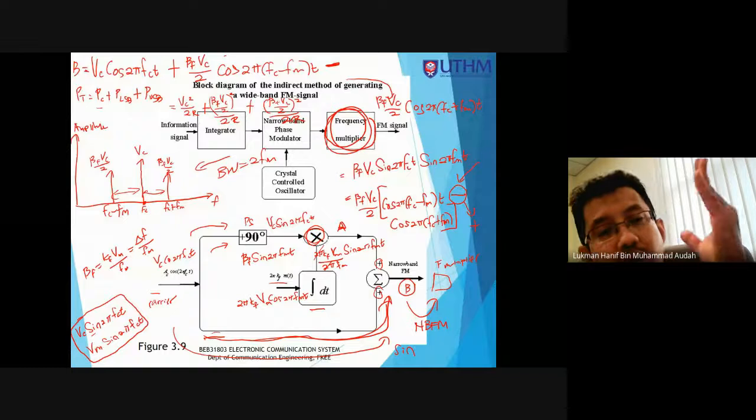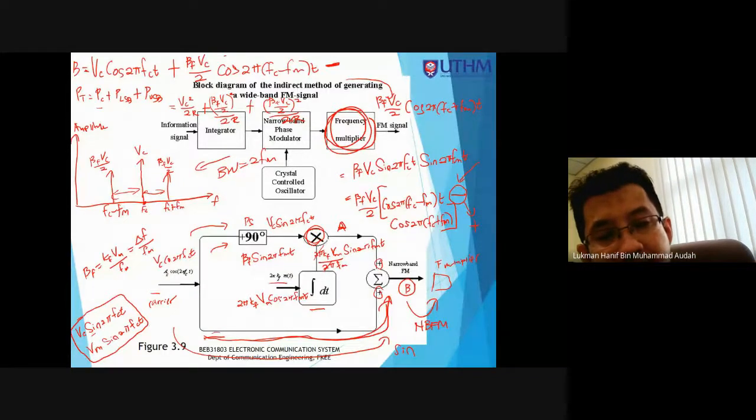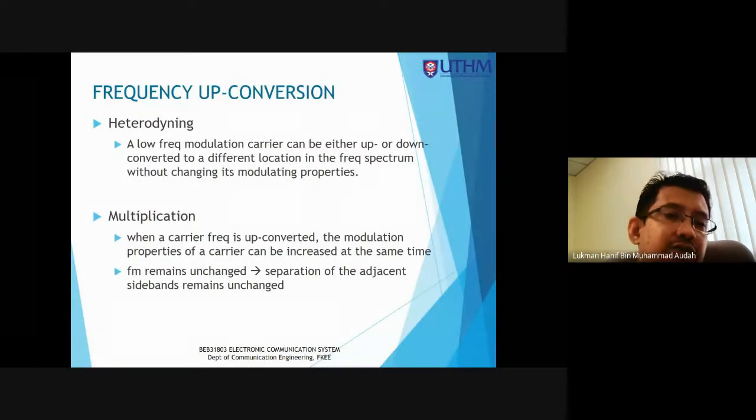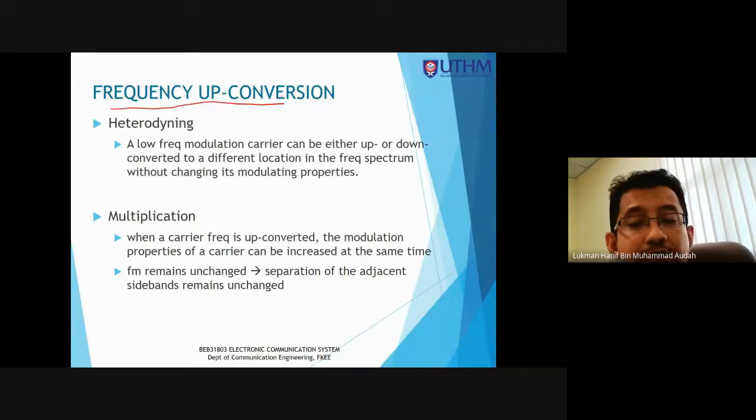Why? Because we want to change from narrowband FM to wideband FM. So tidak semestinya menggunakan frequency multiplier, ada lagi satu kaedah. So dalam nota ini diterangkan dua kaedah, satu gunakan frequency multiplier, satu lagi menggunakan heterodyning process. So ini dikatakan frequency up conversions.